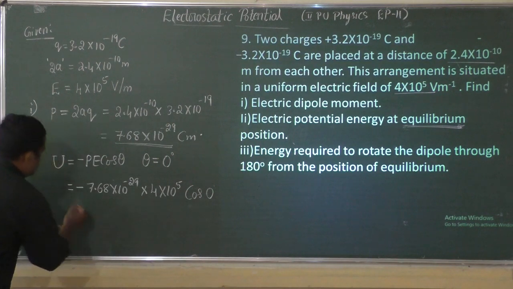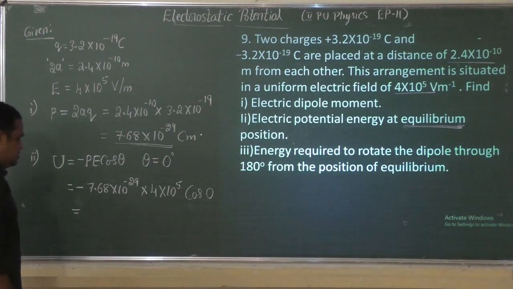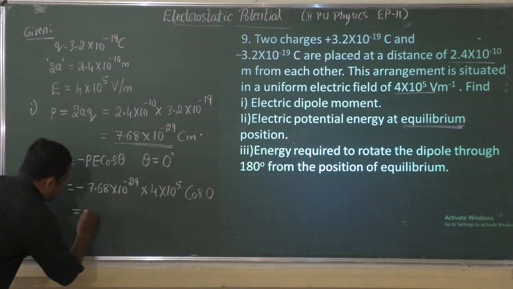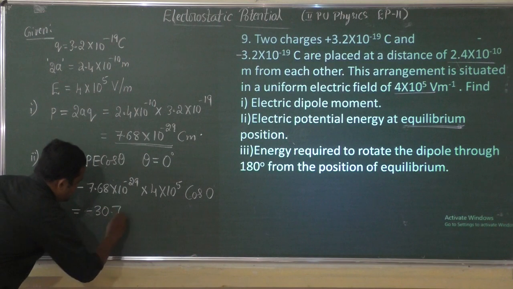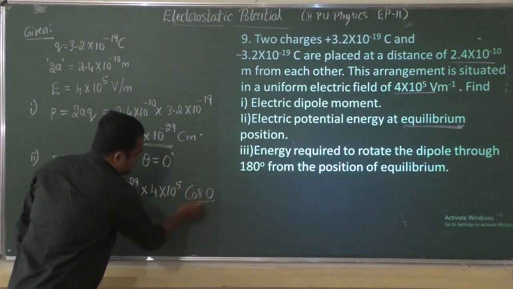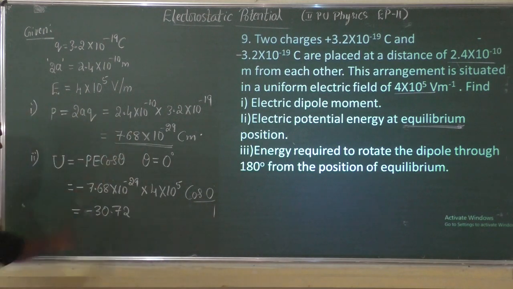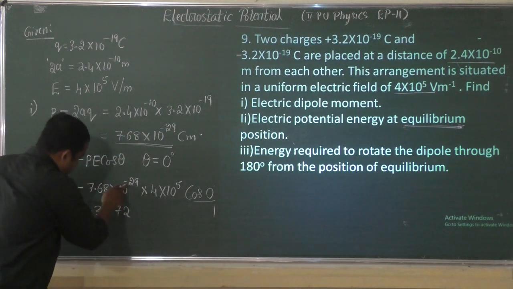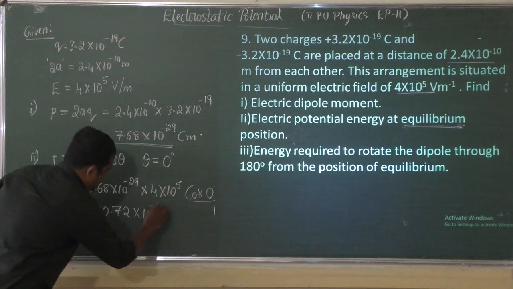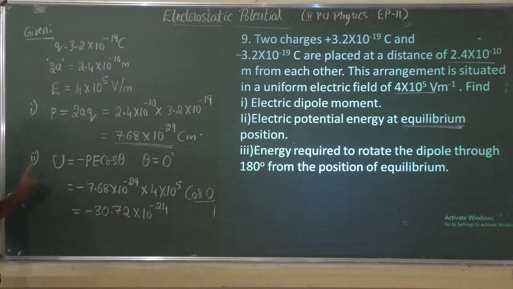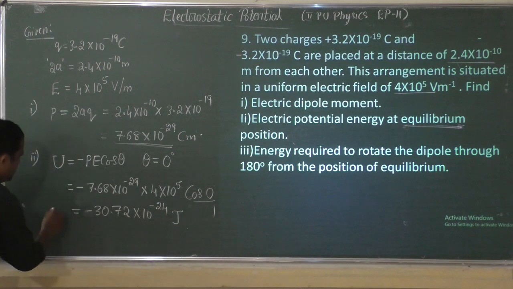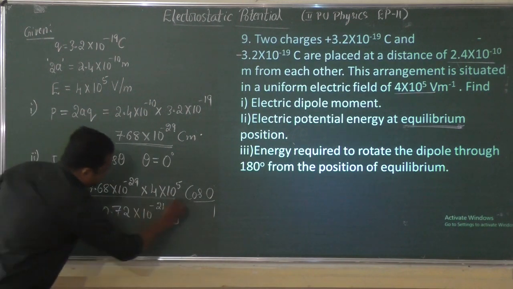So that is equal to minus 7.68 into 4, which is 30.72, into cos 0, which is 1, therefore into 1. 30.72, 10 power minus 29 plus 5, that is 10 power minus 24. It is the potential energy, therefore it is expressed in terms of joule. So this much joule is the potential energy.